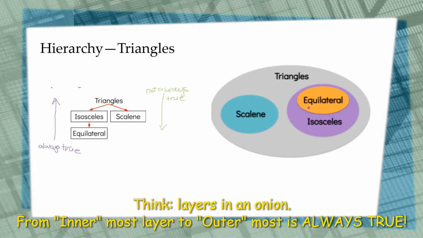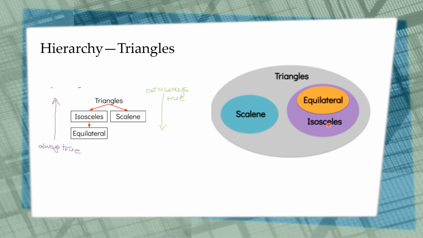For example, an equilateral is always an isosceles, and an equilateral, because it's inside this larger circle of triangles, is also always a triangle. Same thing, isosceles is inside the bigger triangles circle, therefore isosceles is always a triangle. Same with scalene. Scalene is inside the triangles group, therefore scalene is always a triangle.